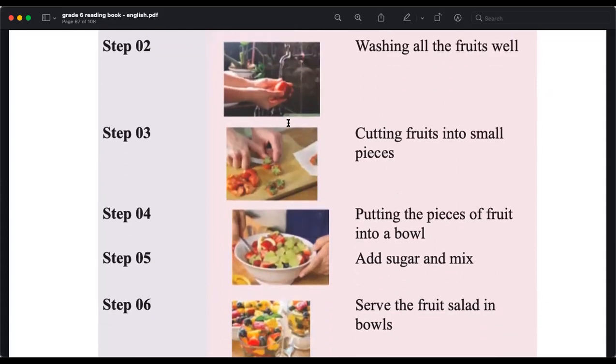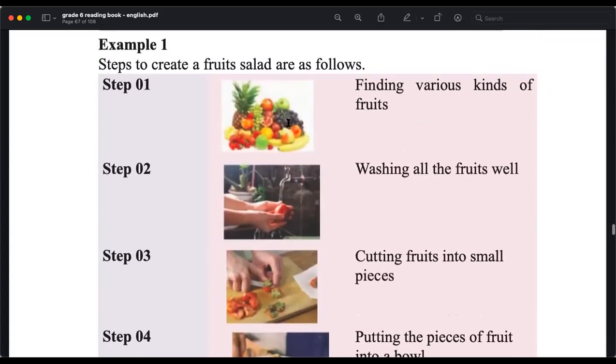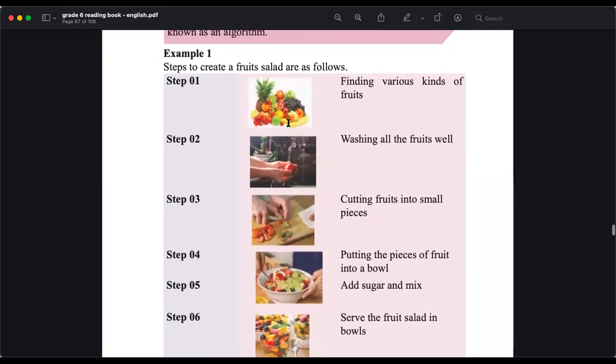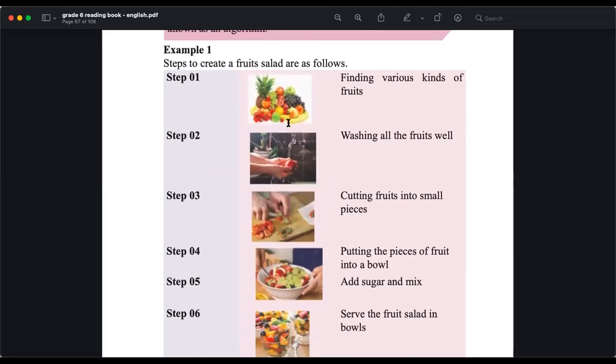Then serve it. So out of that, what are the inputs that you can see here in this algorithm? What are the inputs? Fruits, yes.